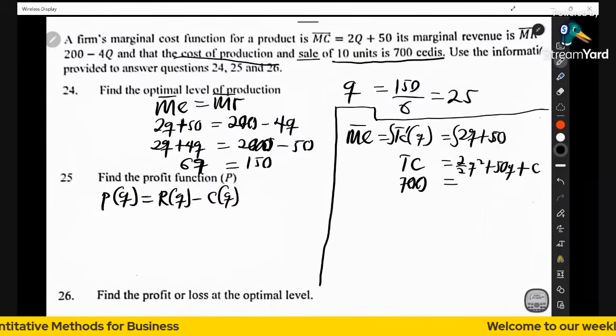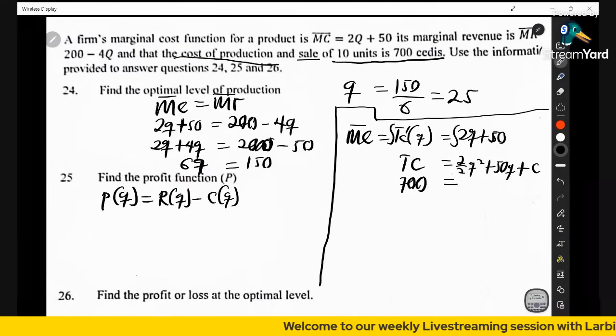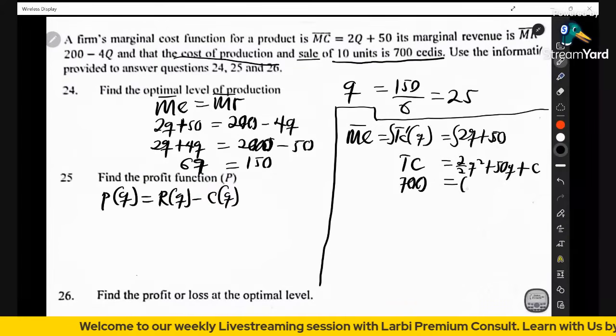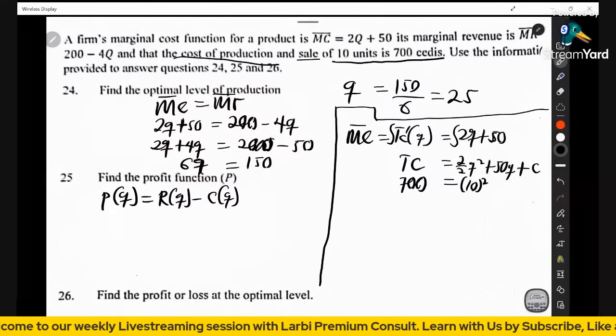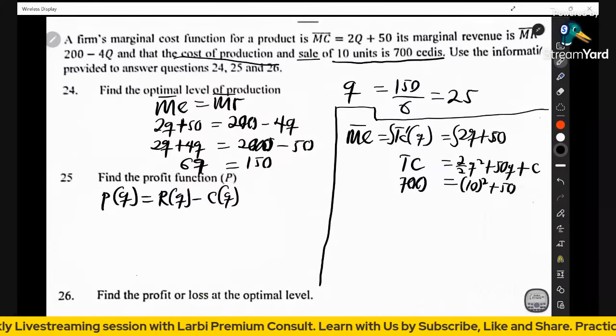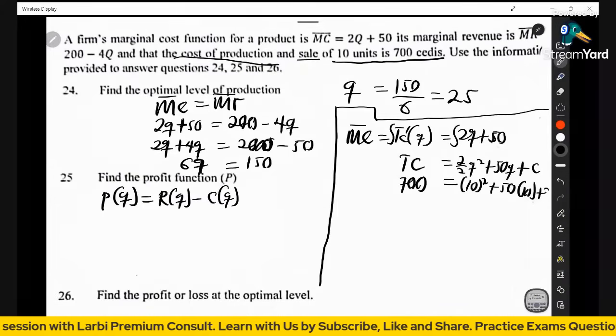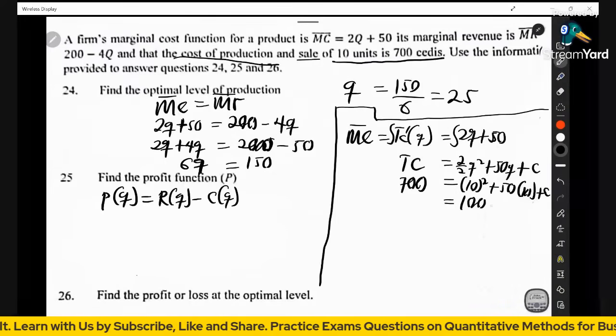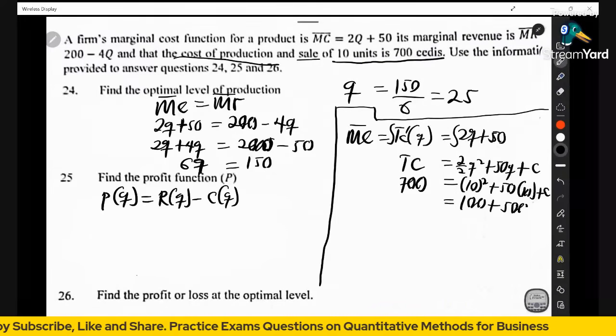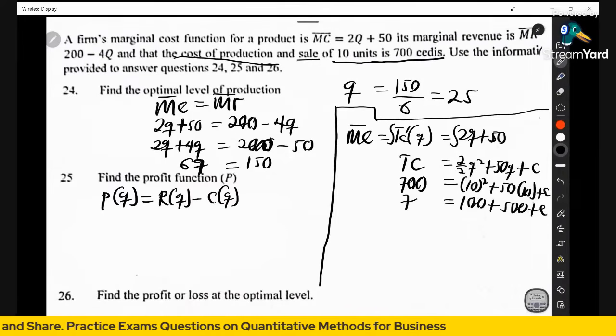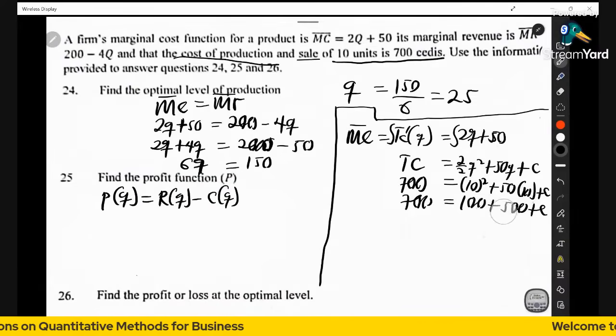The reason we do that is to find the constant value, C. So we have 700 equal to, the 2 can cancel the 2, 10 squared plus 50 times 10 plus C. Here I'm getting 100, here I'm getting 500, here I'm getting C, and here 700. When I add 100 plus 500, I'm getting 600. When I subtract that from 700, I'm getting 100.